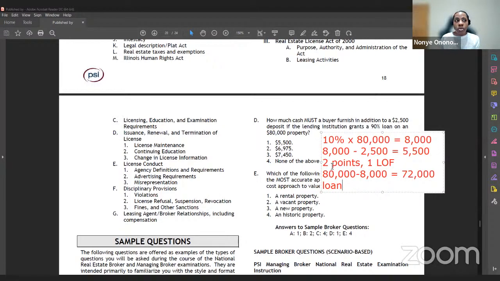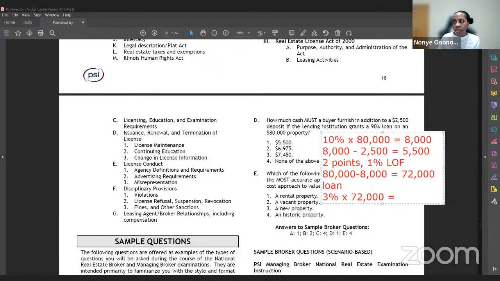All right. So you could do this two ways. You could do 2 points and then you could do one loan origination fee, but the formula is the same. So I'm just going to do 3%. All right, 2 points is 2% of the loan amount. 1% loan origination fee is also 1% of the loan amount. So 2 plus 1 is 3. So 3% of 72,000. Okay.